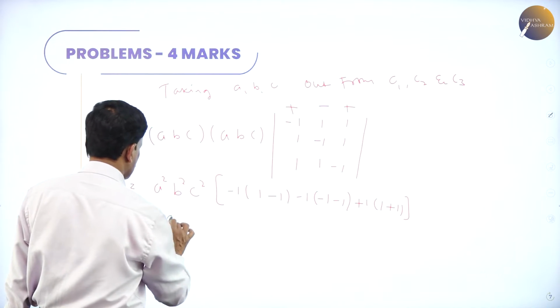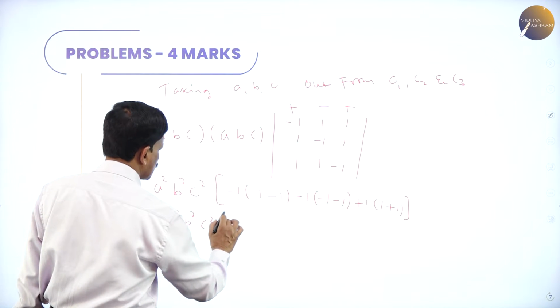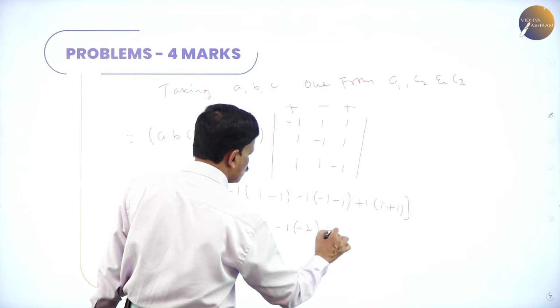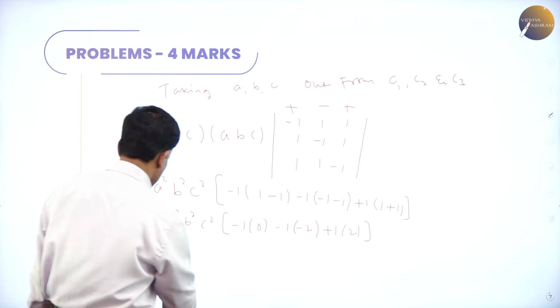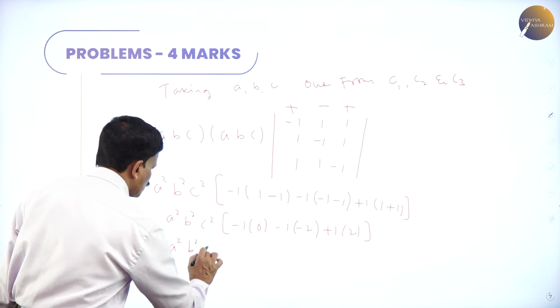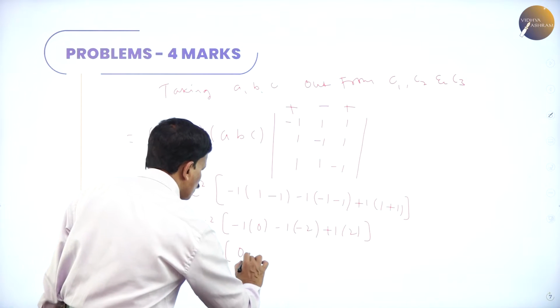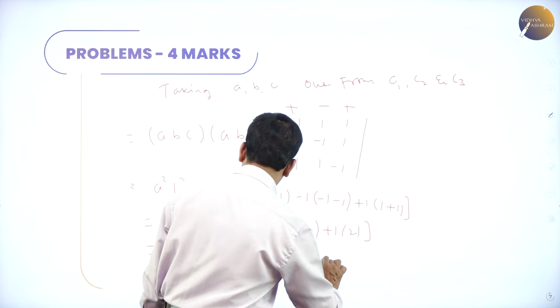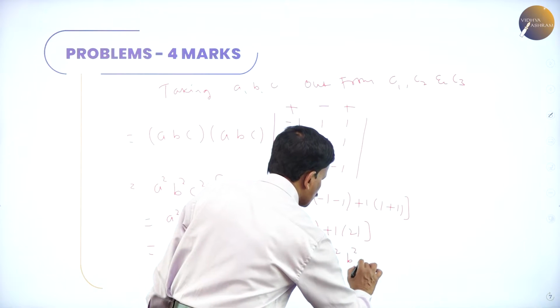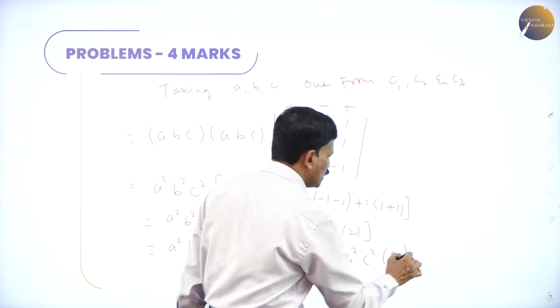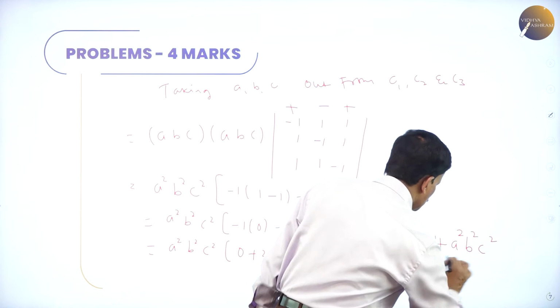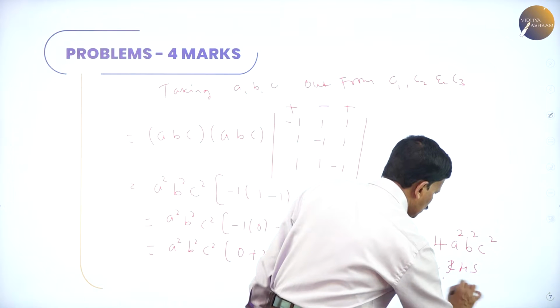So this is a square b square c square into minus 1 into 0, minus 1 into minus 2, plus 1 into 2. This becomes 0, minus into minus plus, plus. So 2 plus 2 is equal to 4. So a square b square c square into 4, which can be written as 4a square b square c square, the required RHS.